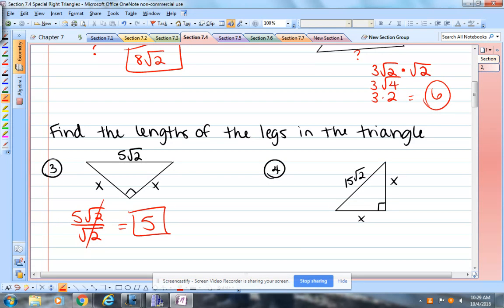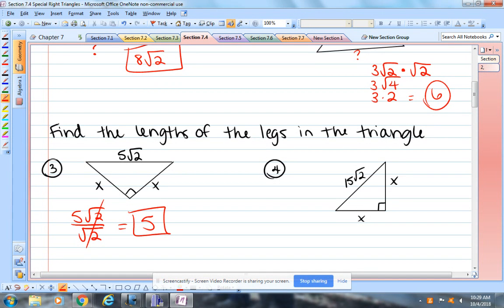So if you're looking for a leg in a 45, 45, 90, you just divide by radical 2. If you're looking for the hypotenuse, you multiply the leg by radical 2. So if they give you the hypotenuse, you divide. If they give you a leg, you multiply. Does that make sense? So on number 4, we're looking for the legs.